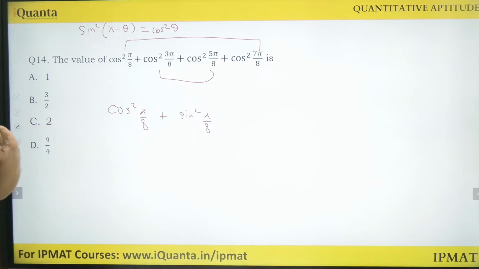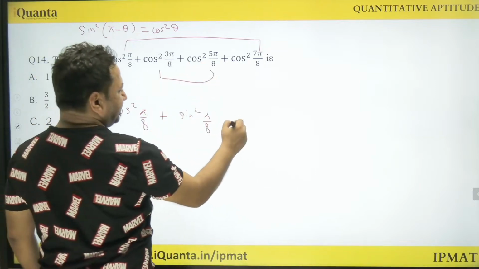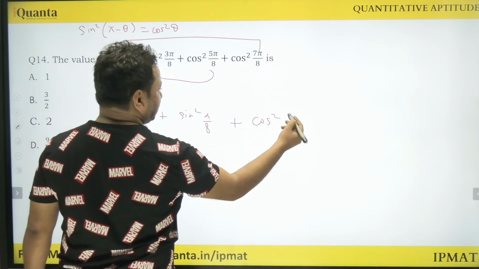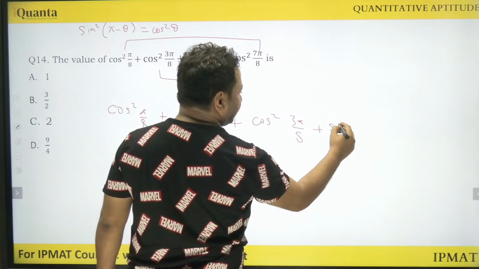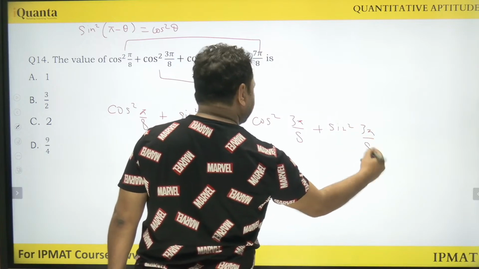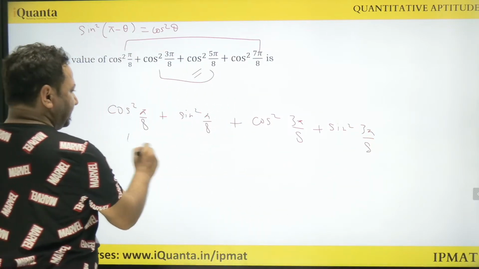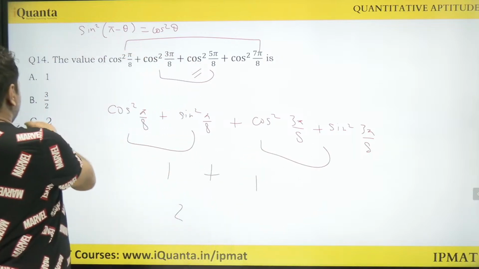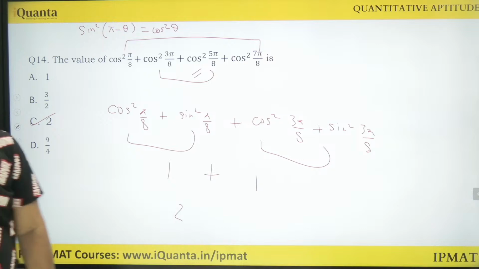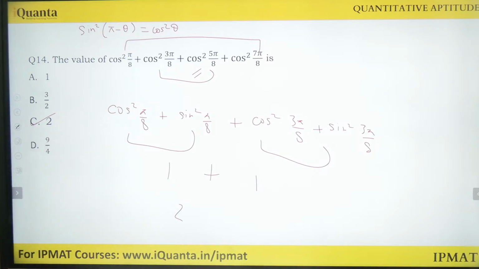Making this a pair, again you can get cos square 3 pi by 8 and this becomes sine square 3 pi by 8, and as you know that sine square theta plus cos square theta is equal to 1. 1 here, 1 here, 1 plus 1 is 2. C option. Cool. Clear? Dushyant and Hanskar?